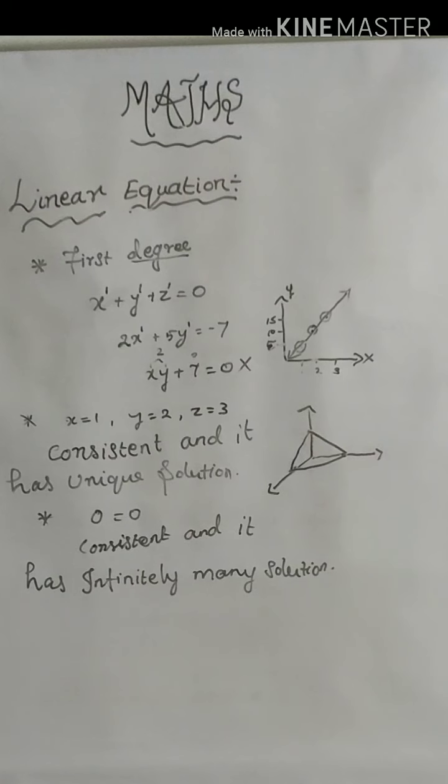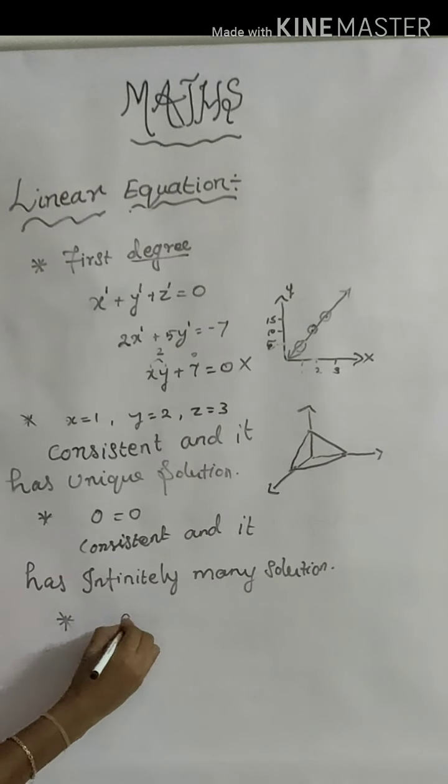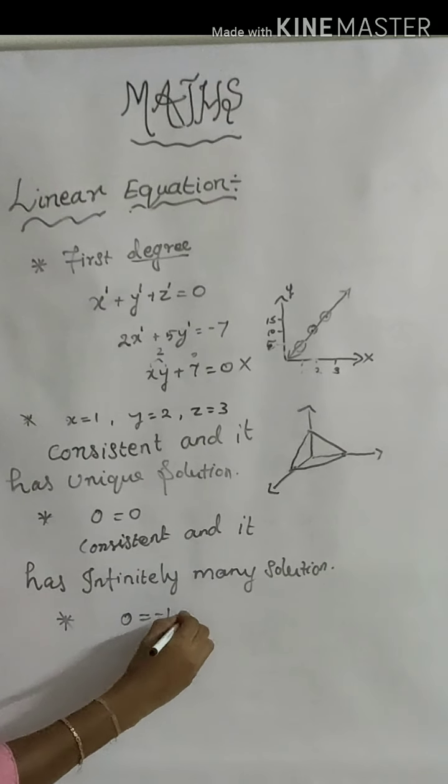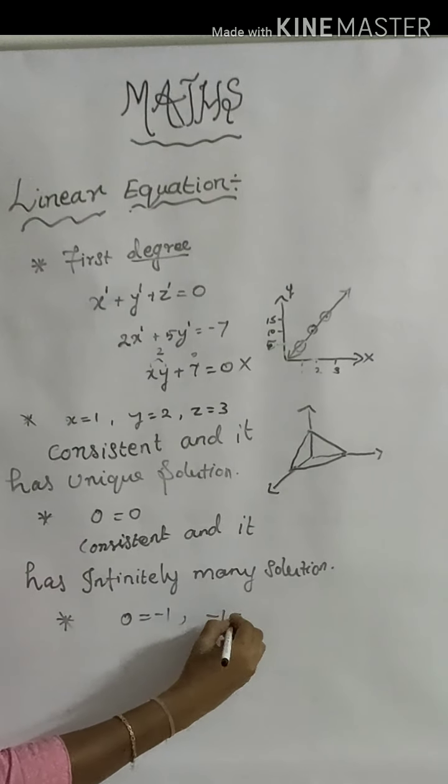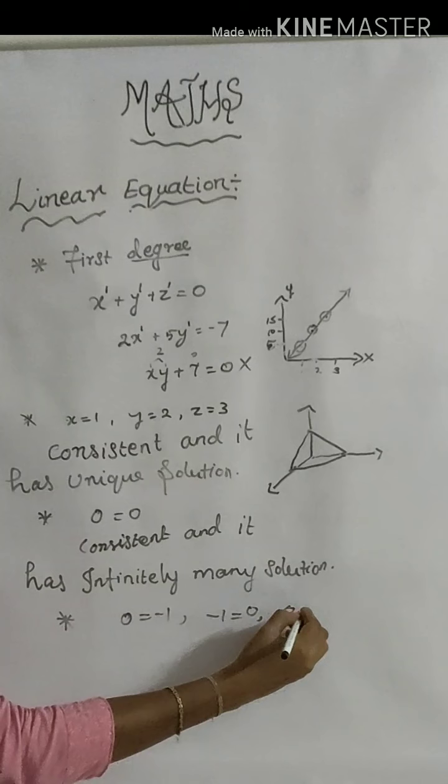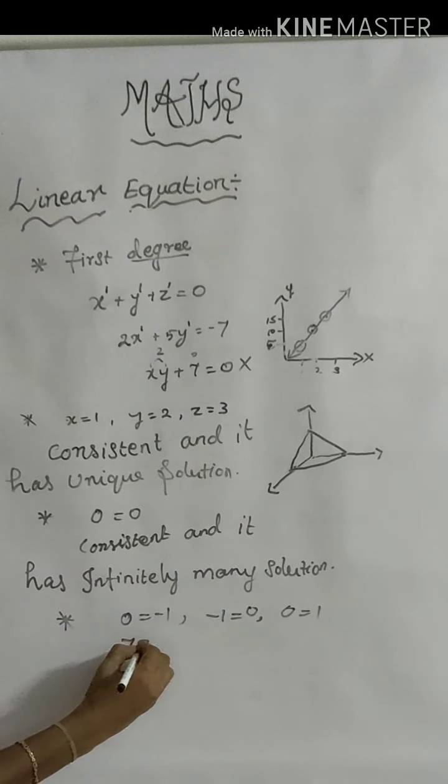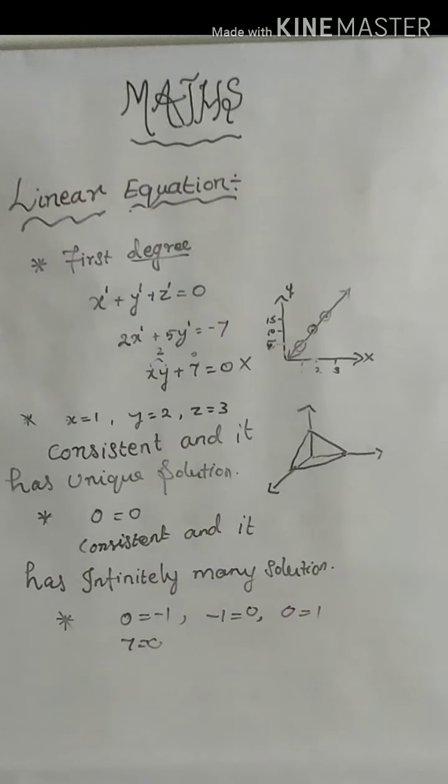If you obtain a false equation, 0 is equal to minus 1, or minus 1 equal to 0, or 0 equal to 1, or 7 equal to 0, it can be anything.